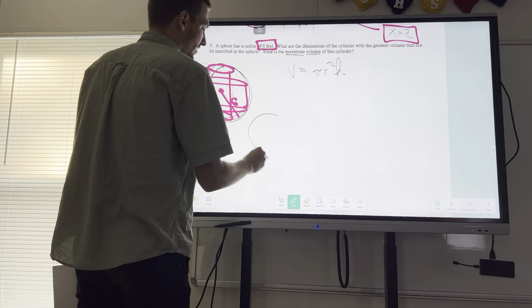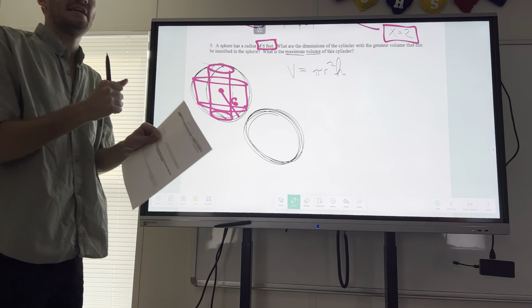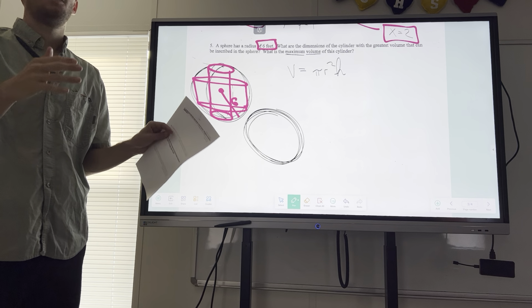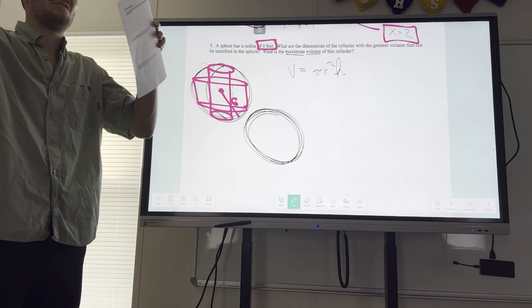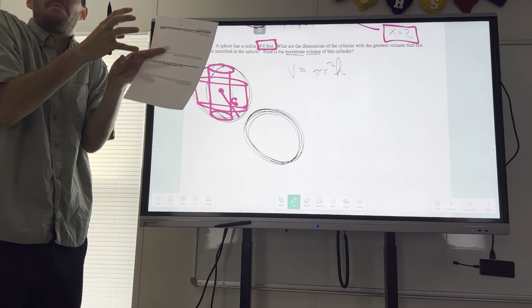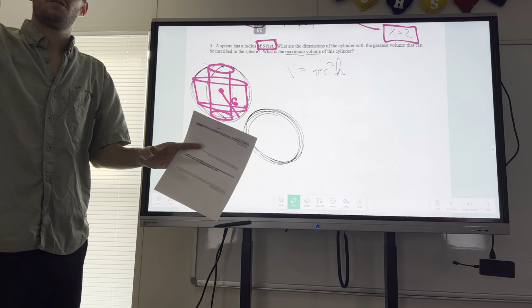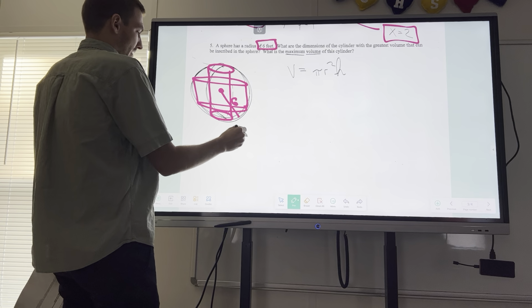If we think about a sphere and we're trying to make a cylinder as big as possible within that sphere, we're pretty sure that the cylinder is going to be touching the sphere, right? It's not going to be a small little one in the middle, because you just make it bigger until it touches, okay? And so here's where we're getting difficult.